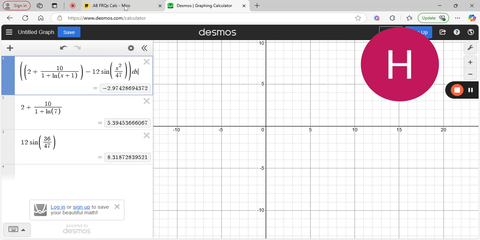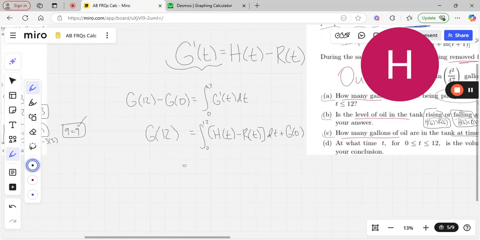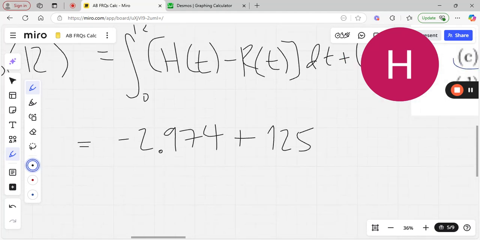And that gives us negative 2.974. Negative 2.974 plus the original amount of 125 for a grand total of 122.026 gallons.